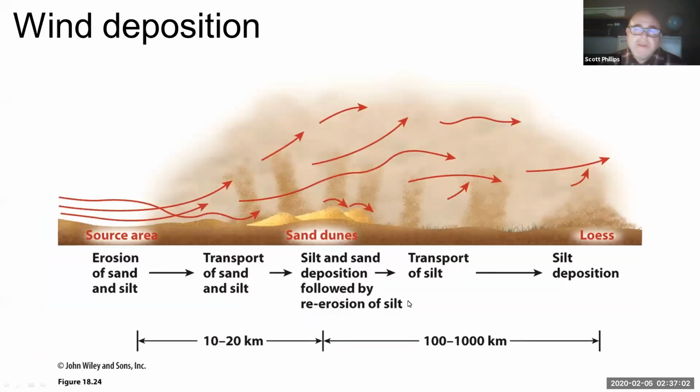And like streams, it also makes deposits as well. And there's a couple of types. Thicker and heavier material that is sand, which is larger particles of material, will be formed into sand dunes. If it's very light material or dusty material, it goes further and gets deposited even further, and that is called loess.